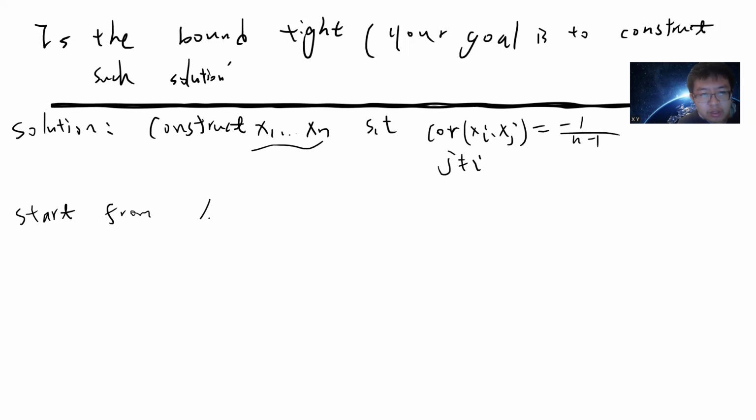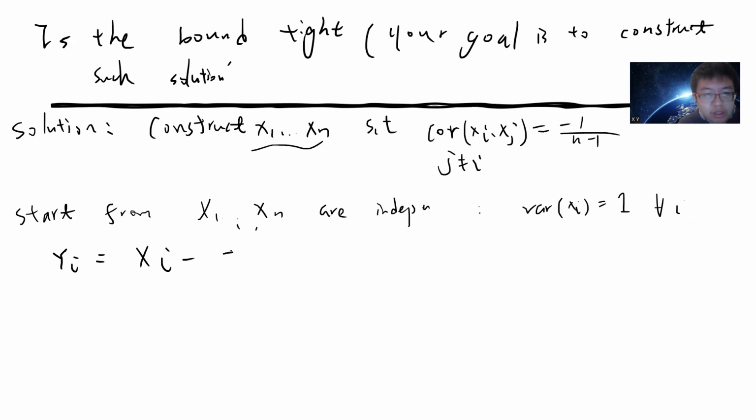Let's say I start from x1 up to xn, and they're all independent. And as before, I force the variance of xi to be 1 for all i for the convenience. Now I can define my yi to be xi minus 1 divided by n times the sum of xj, where j goes from 1 to n.